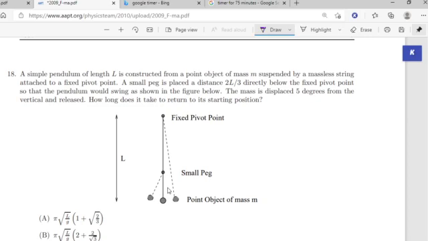What? So, wait, this is a bit confusing. Oh, wait, never mind. I think I get it. Okay, so that the pendulum would swing as shown in the figure below. The mass is displaced 5 degrees from the vertical and released. How long does it take to return to its starting position?